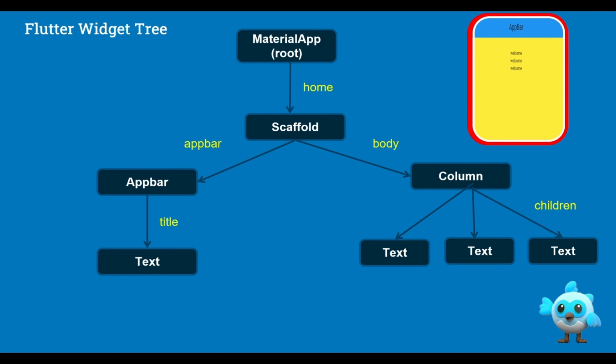The scaffold widget divides the whole application into two parts. One is app bar, blue in example, and the other is body, yellow in example. The app bar is also a widget which contains the title of the Flutter application using text widget. And the body provides a container for the rest of the Flutter elements using layout widget.